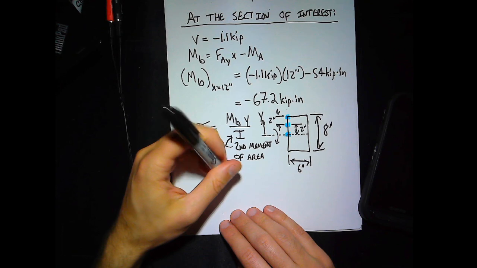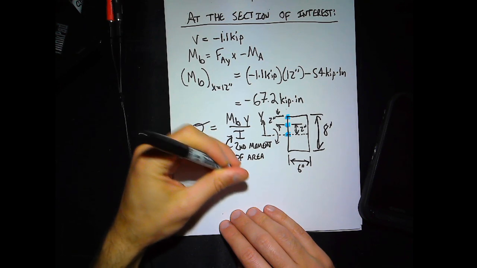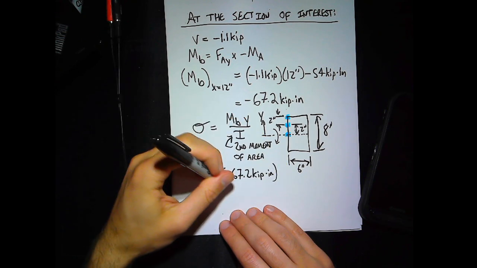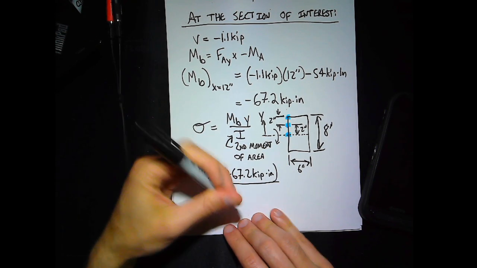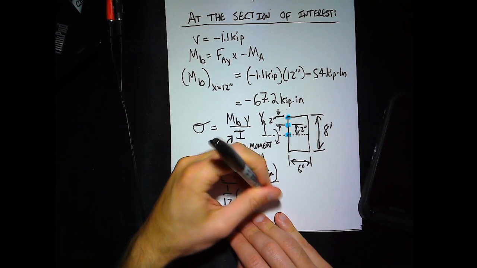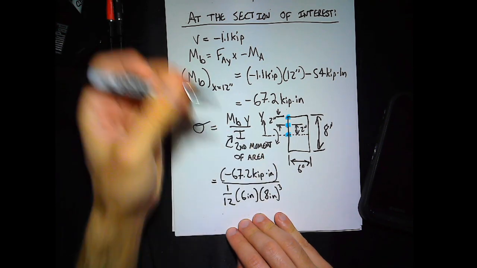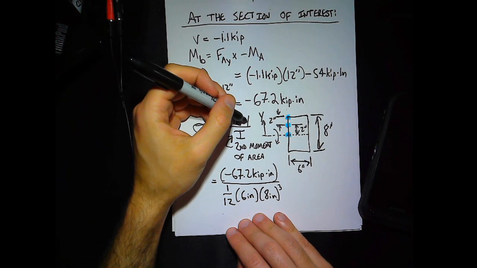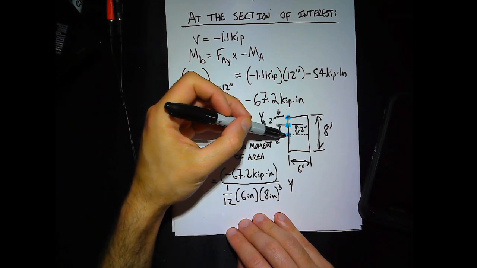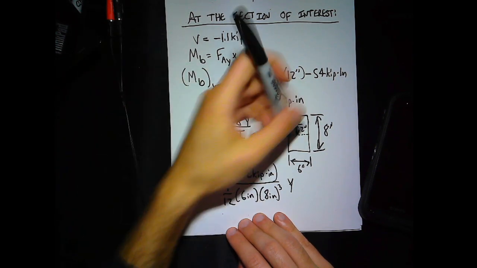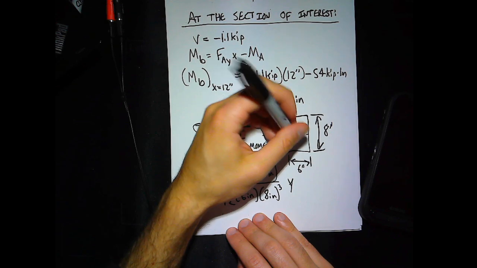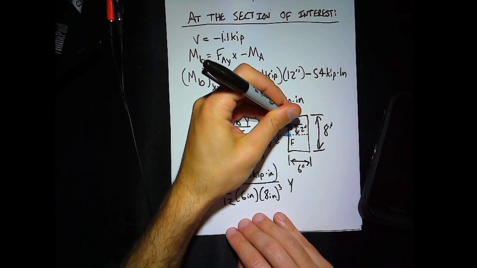So the stress is my bending moment times y over my second moment of area, 6 inches times 8 inches cubed, and y is whatever point I want to look at. On the axis here, we'll call these F, G, and H.